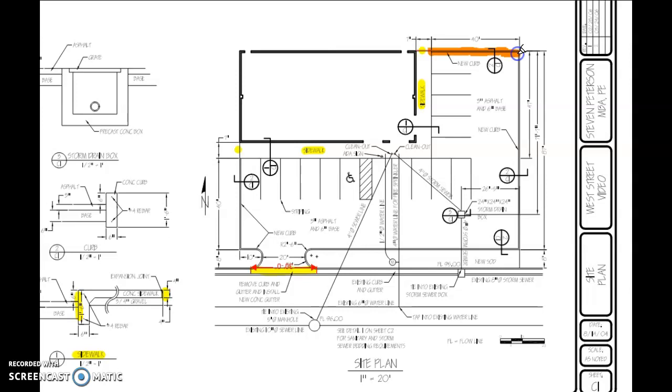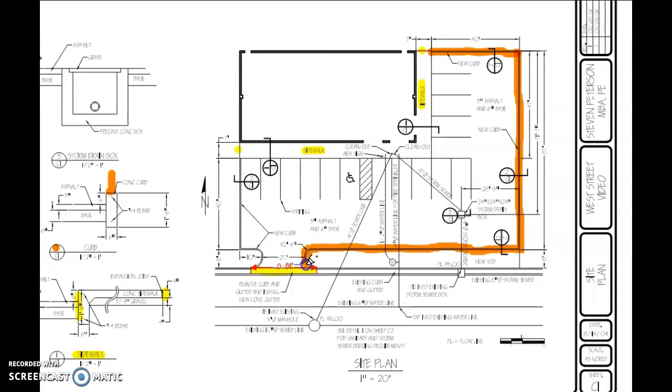And if you look at this section cut here, 2C1, if you come over here to 2, this is what we're looking at. It's the concrete curb. So it's 18 inches deep by 6 inches wide, and that comes all the way around the parking lot. So we want to keep going here. And this is the area that we're looking for. Now, if I'm forming up this curb, I'm going to have forms on both sides.